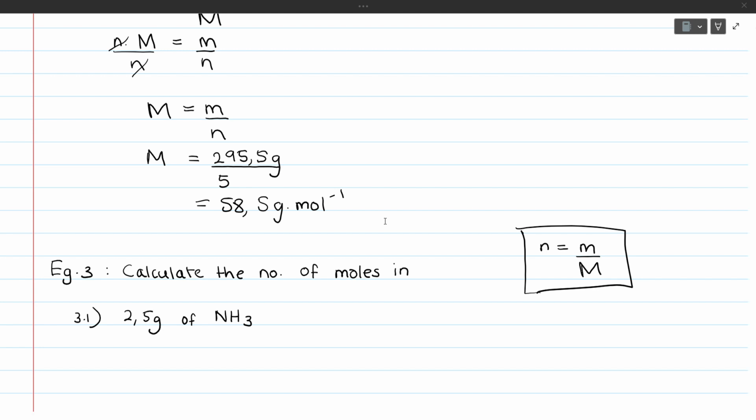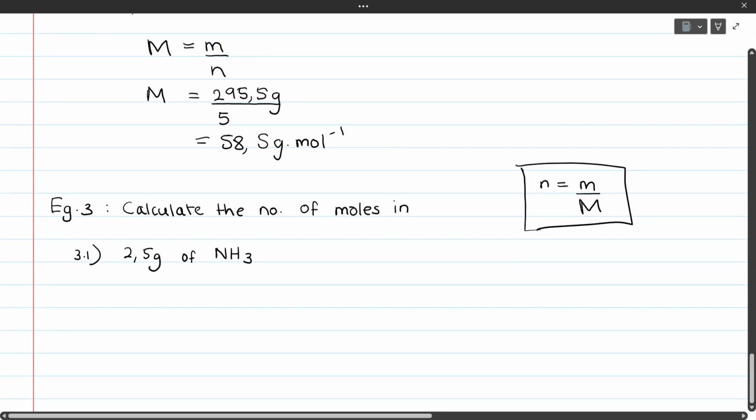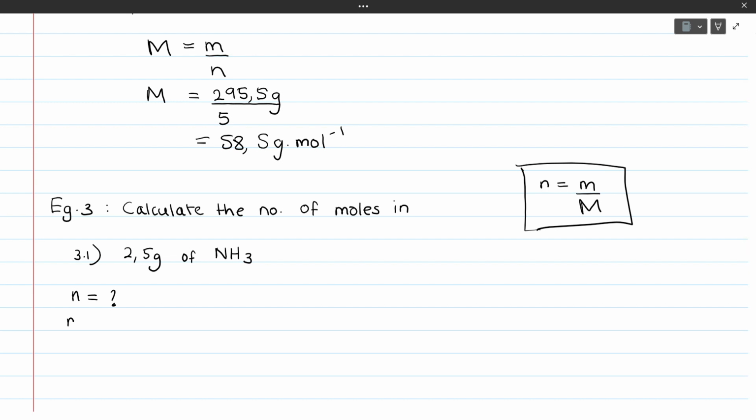Okay, so 3.1, we want to calculate the number of moles. So writing down our little equation here, n is what we do not know. They're telling us that small m is 2.5 grams. So therefore we obviously need to go and calculate capital M of NH3. Right, so we need to go to our periodic table.